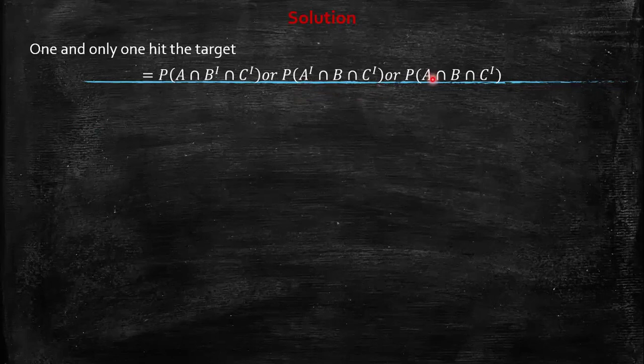Or the target being hit by C. I think there was some typing error here. The first one is A who hit, the second one B hit, and the third one is supposed to be hit by C. So A is prime, B is also prime, and in the last one, it is C who is going to hit the target.